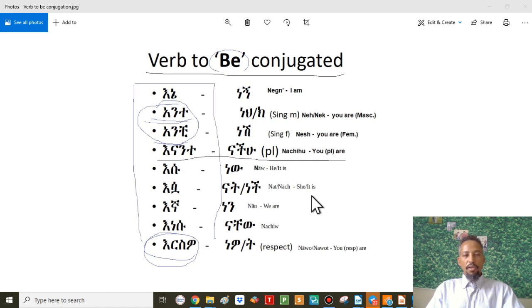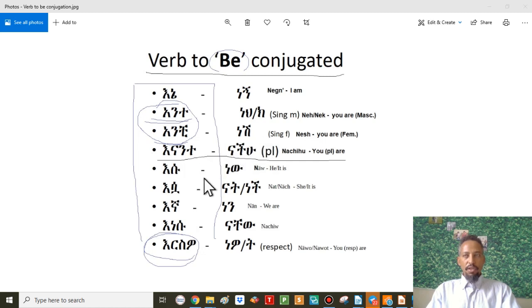And then you can apply that to other subject pronouns like አንተ ጎበዝ ነህ, አንተ ኢትዮጵያዊ ነህ, አንተ ዶክተር ነህ, አንተ አስተማሪ ነህ, አንቺ አስተማሪ ነሽ, አንቺ ዶክተር ነሽ, አንቺ ኢትዮጵያዊ ነሽ, አንቺ ጎበዝ ነሽ. The same thing. እናንተ አስተማሪ ናችሁ, እናንተ ኢትዮጵያውያን ናችሁ, እናንተ ዶክተሮች ናችሁ. So that way you can practice.